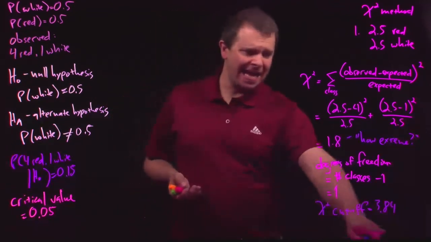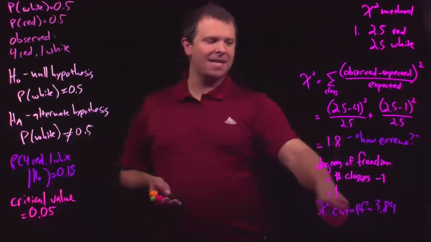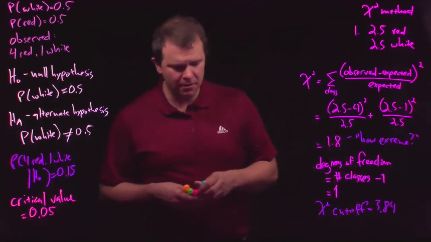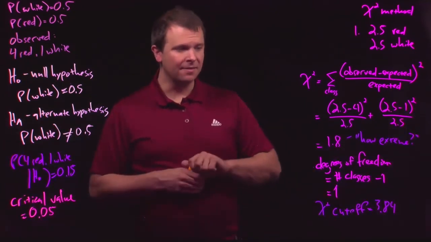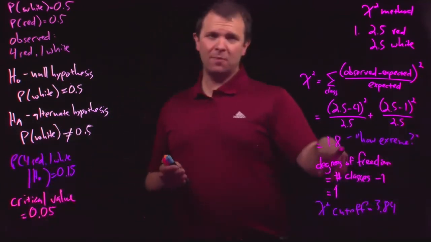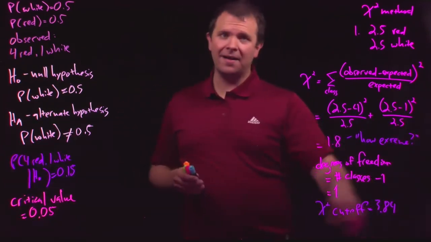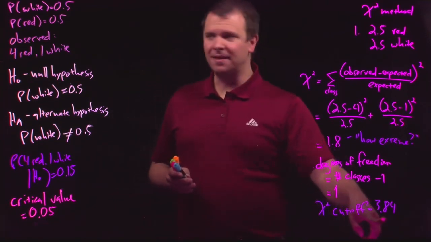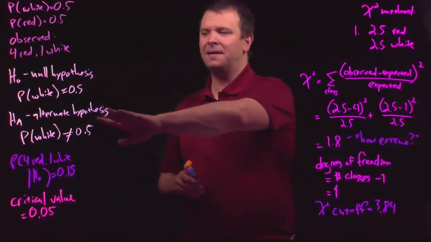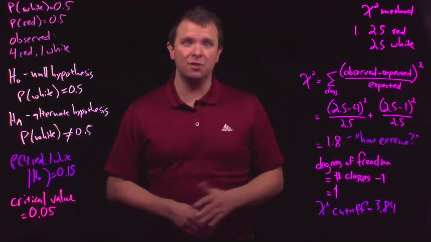And we say that if our calculated chi-square statistic is greater than this number, then we can reject the null hypothesis. We compare the number we computed with our data to the cutoff value that we found in the table, and if this number is bigger than this number, we reject the null hypothesis in favor of the alternate one. And so in this case, we fail to reject it.